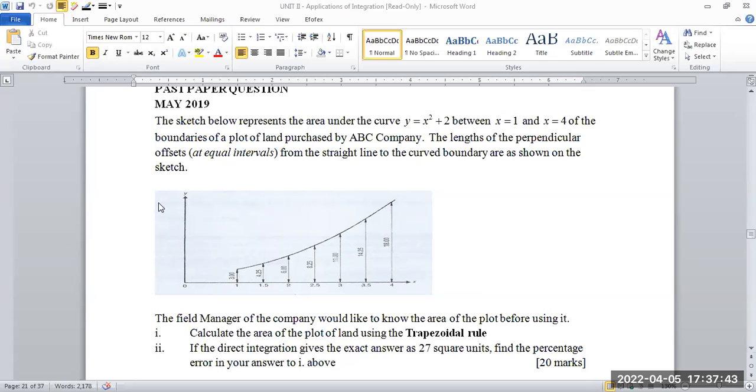The lengths of the perpendicular offsets at intervals from the straight line to the curve boundary are shown in the sketch. The field manager of the company would like to know the area of the plot before using it. Calculate the area of the plot of land using the trapezoidal rule. If the direct integration gives the exact answer as 27 square units, find the percentage error in your answer to part one, for 20 marks. Can you start with me, please?